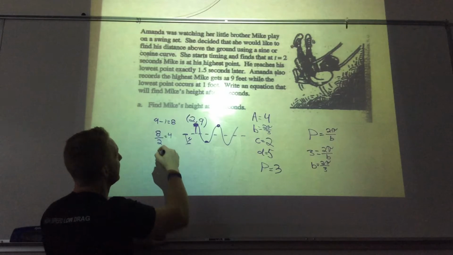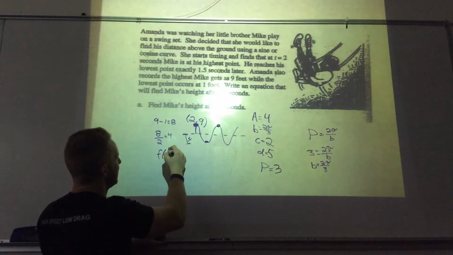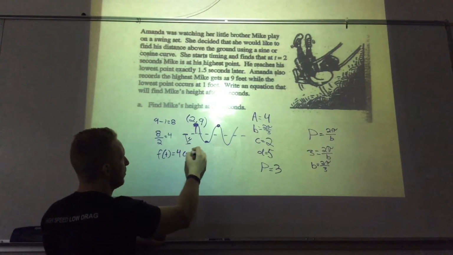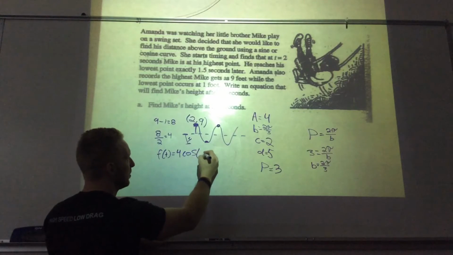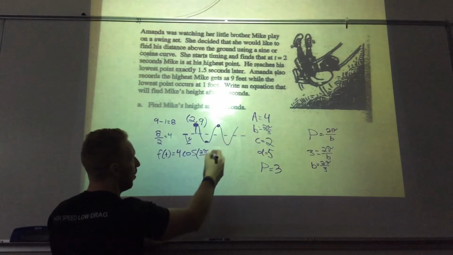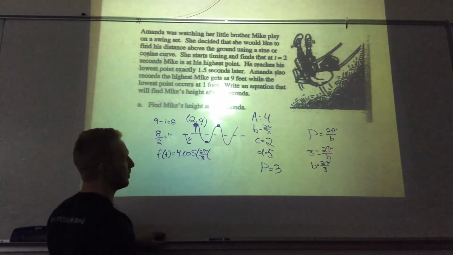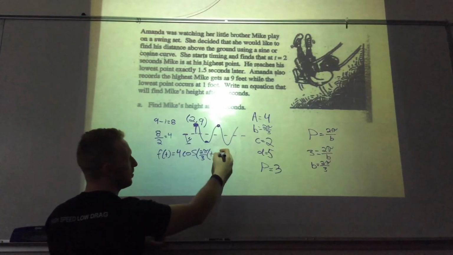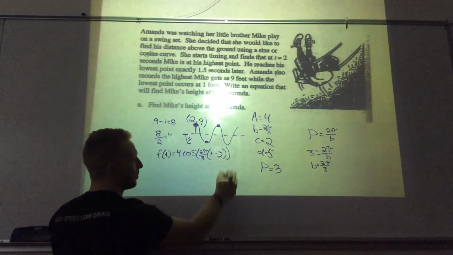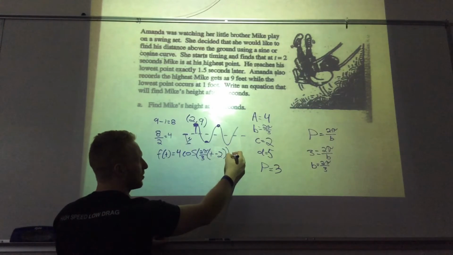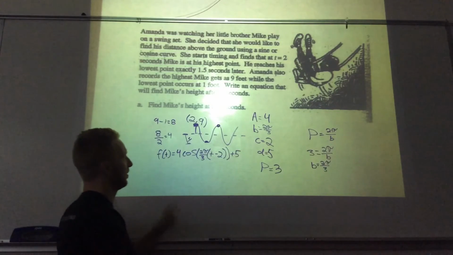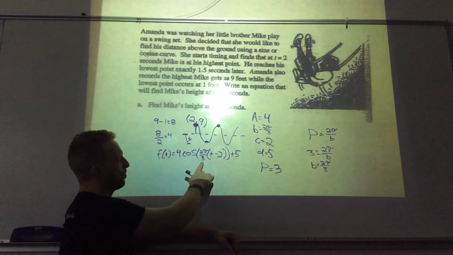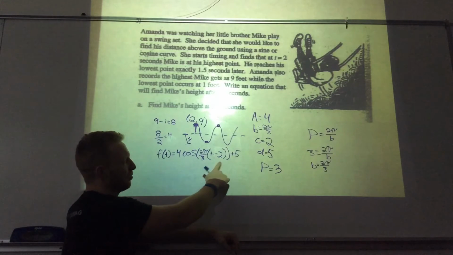So I'm going to say f of t is equal to our amplitude 4, times cosine of our b value, which is 2 pi over 3, times our variable, which is t, minus our c value, which is 2, close that parentheses, and then add our vertical shift, which is 5. So there's our trig function: f(t) = 4 cos((2π/3)(t - 2)) + 5.